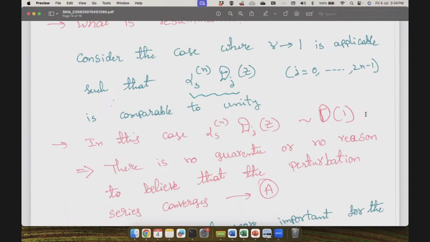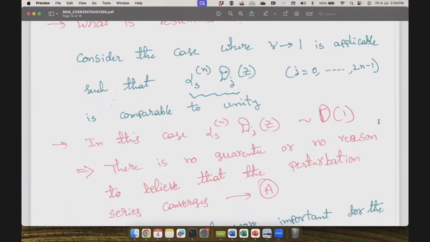Initially, if you begin, that is where I said the expansion parameter, the coupling constant, has to be very small, and you can take the asymptotic expansion, meaning taking a few terms. Now if any one of the terms in the perturbation theory becomes very large, and that is also universal, in the sense that if it happens at one order, the same thing can happen at a higher order.